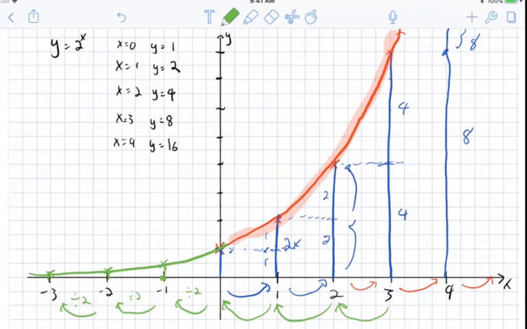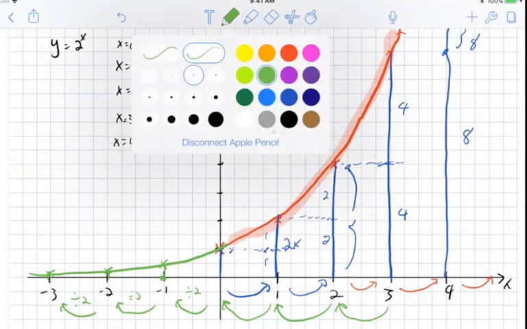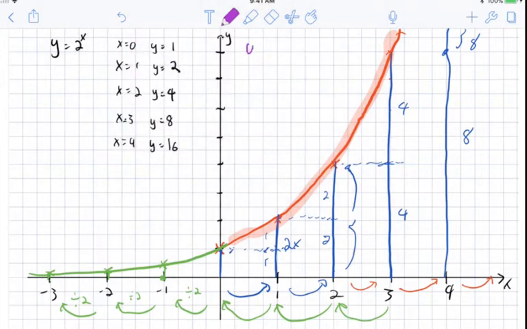Okay? So the deal here is that if instead I was graphing y is equal to 3^x, what I would do is you would start here, and then you would multiply by 3.